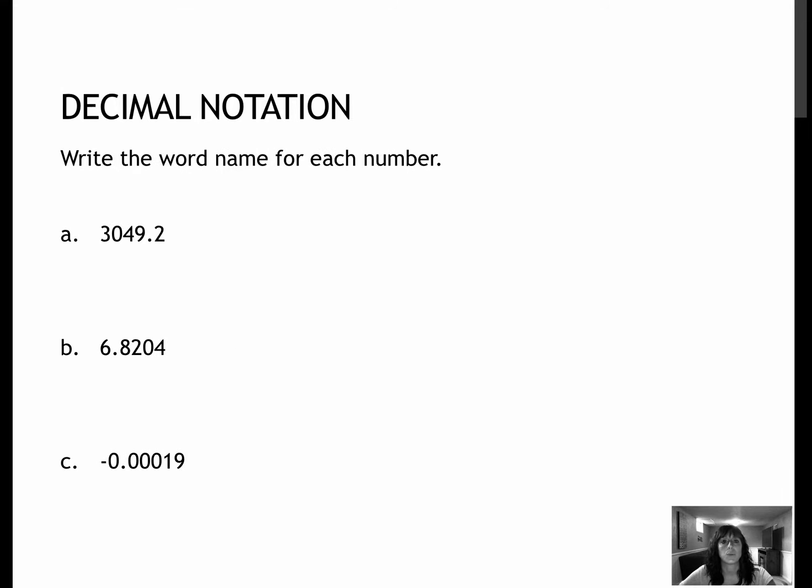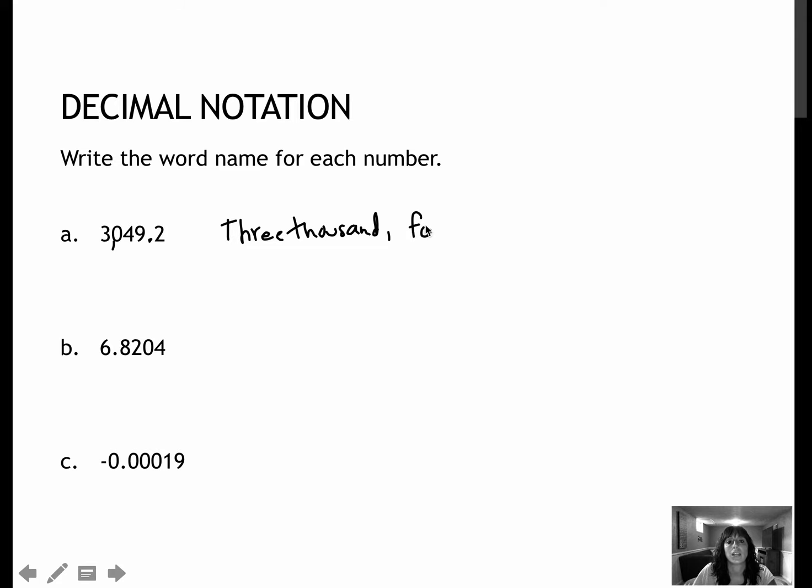So for these examples, we're going to write the word name for each number. Again, you always want to be aware where that decimal is. This first number is 3,000. Remember, we always put a comma at that period, even though we tend not to write the comma if it's just thousands, where if it was 10,000s or 100,000s, we would write that comma. I'm still going to write it in my word form.